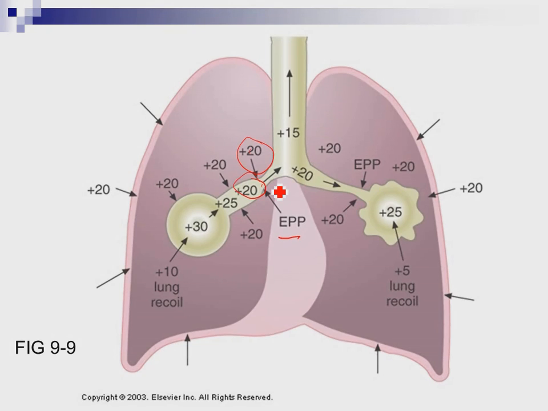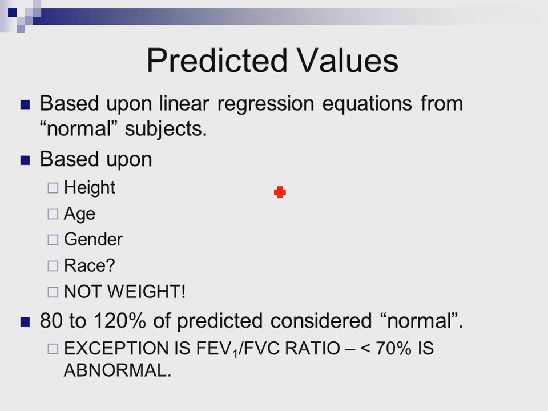A little bit of a difficult concept to grasp first time through, so I'll come back and visit it another day. But that's the reason why we have a difference between slow and forced vital capacities. Okay. Now, we don't really call them normal values.